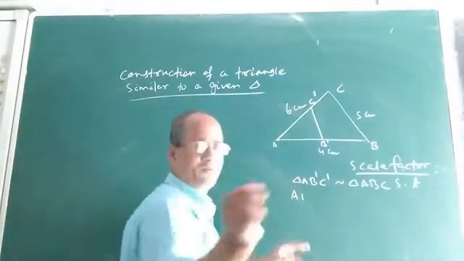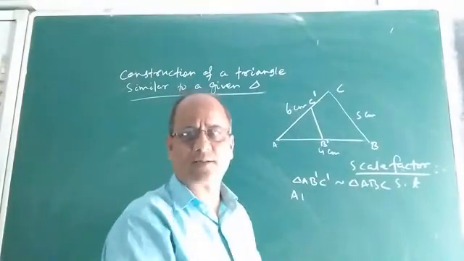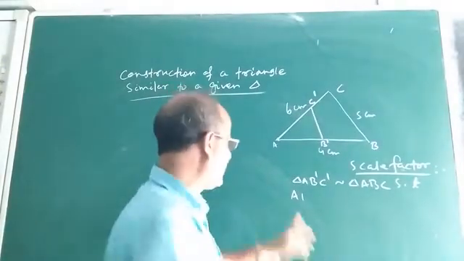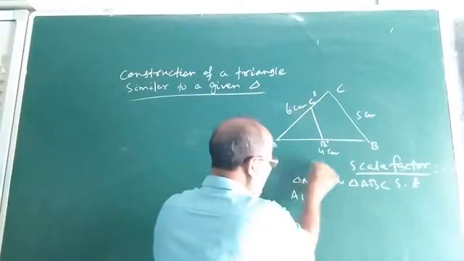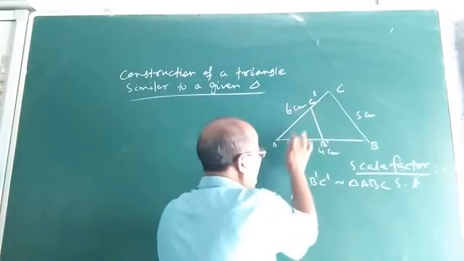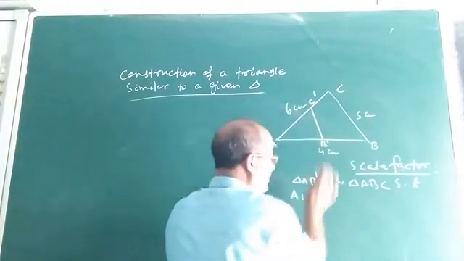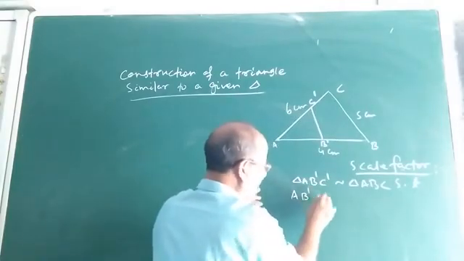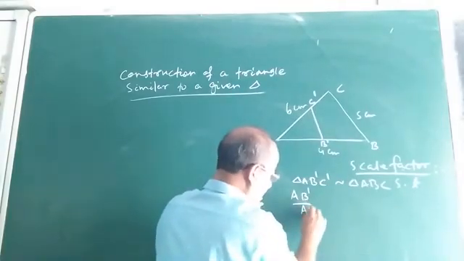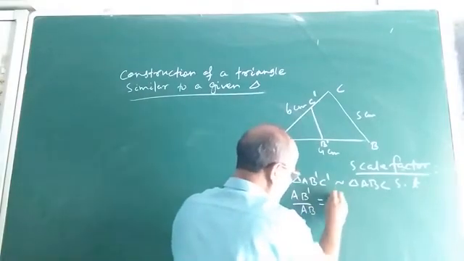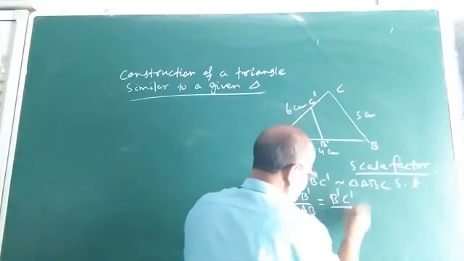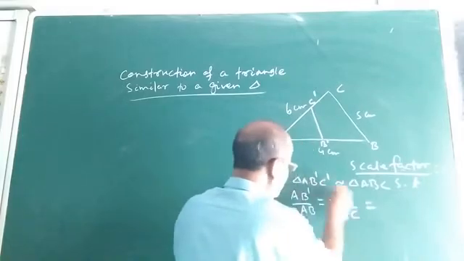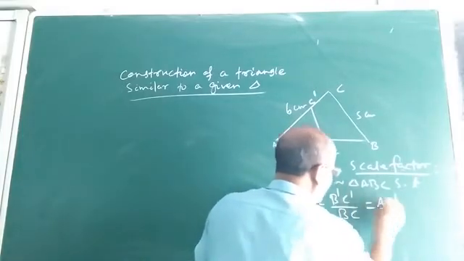You know, when two triangles are similar, their corresponding sides are proportional. That means if we construct triangle A B dash C dash similar to triangle ABC, then A B dash by AB will be equal to B dash C dash by BC, which will be equal to A C dash by AC.